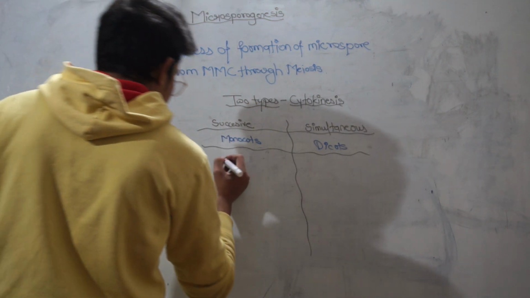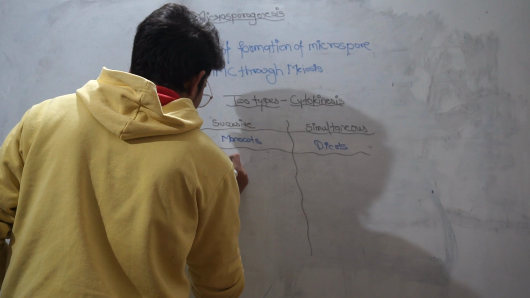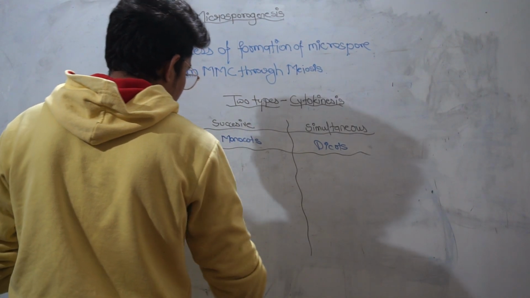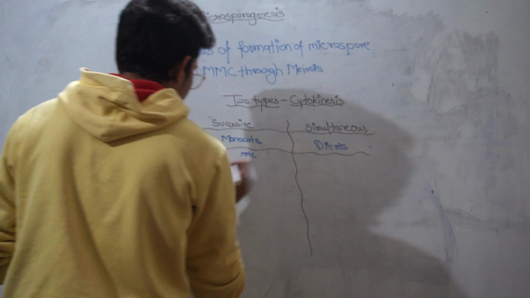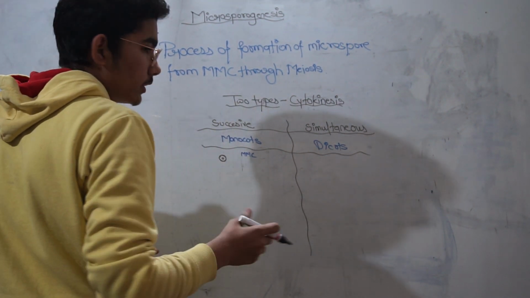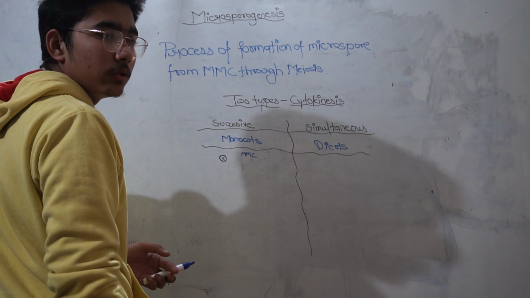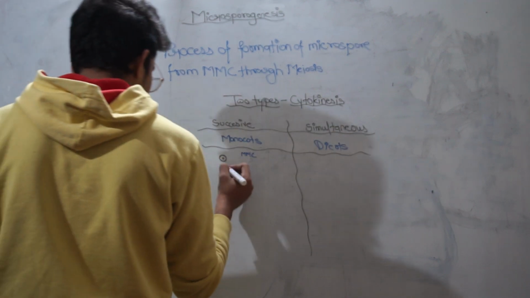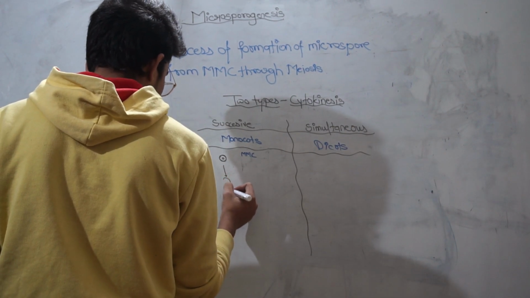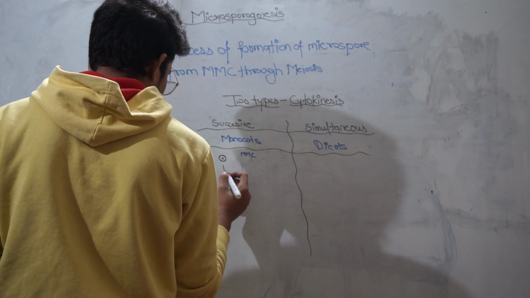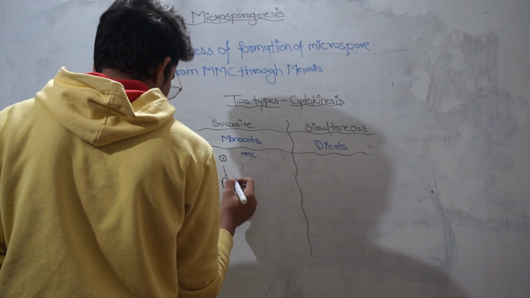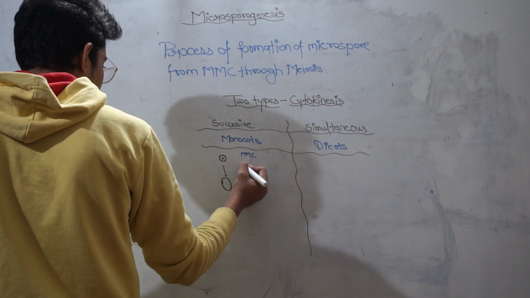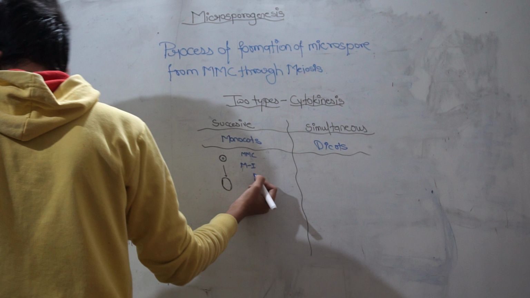Now let's say this is a cell, let's say this is a microsporic mother cell, that is MMC, and this undergoes division through the first phase of meiosis, that is meiosis 1.